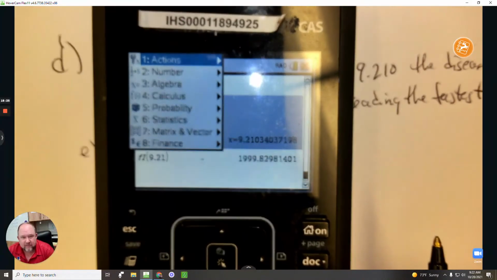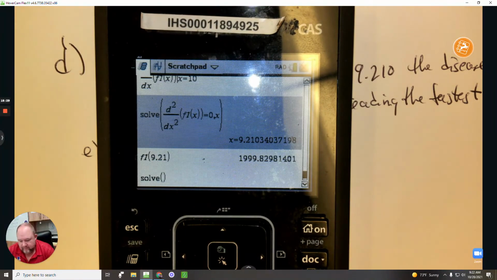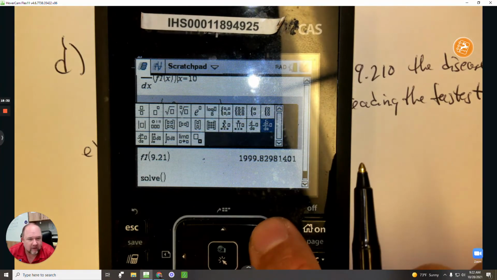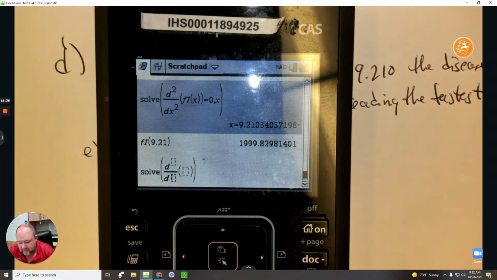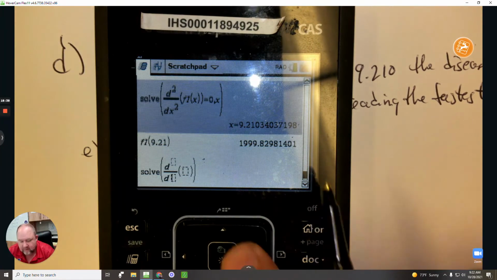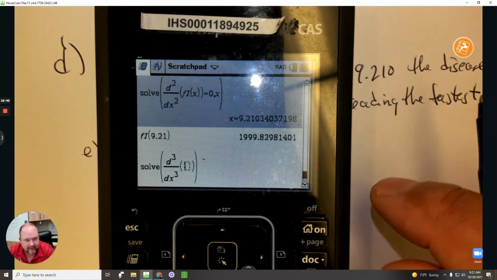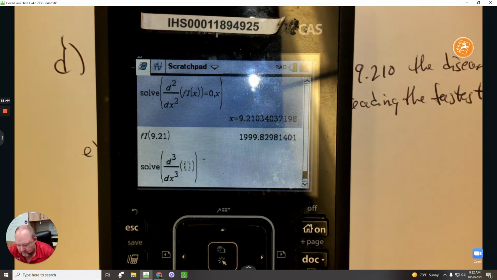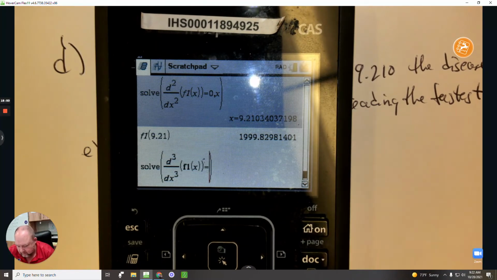So again, I'm going to go menu, algebra, and solve. Here, see this one? This one I can put in any number, so I'm going to put in 3. That's the third derivative. F1 at x equals 0, comma x.